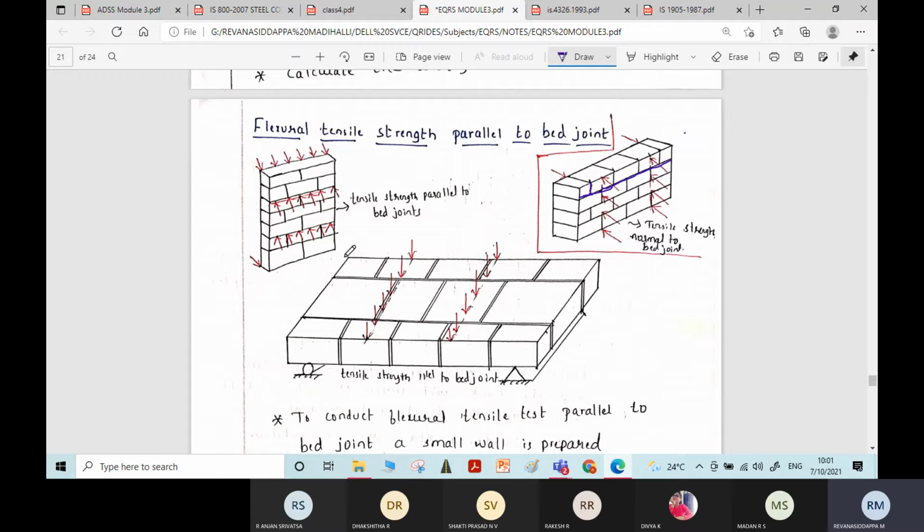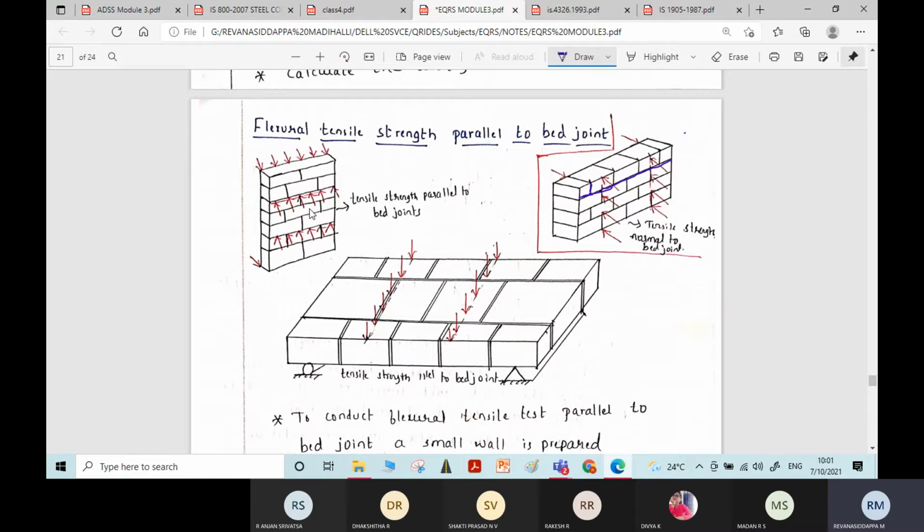If you want to investigate the flexural strength parallel to the bed joint, here you can see the loading condition. The horizontal UDL will be applied. Two point loading it is. The whole length of the specimen is divided into three parts, and in the middle two points the loading will be applied.